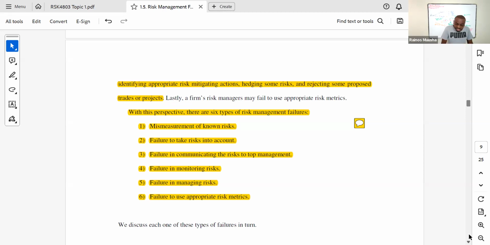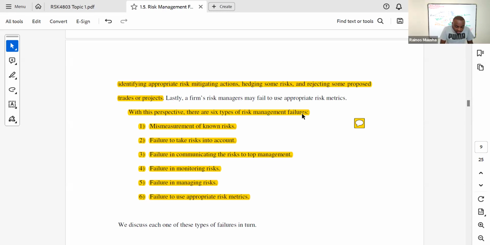When it comes to the 6 types of risk management failures, the first one they talk about is mismeasurement of known risks, and we're going to look at it in detail. The second is failure to take risks into account. The third is failure in communicating the risks to top management.